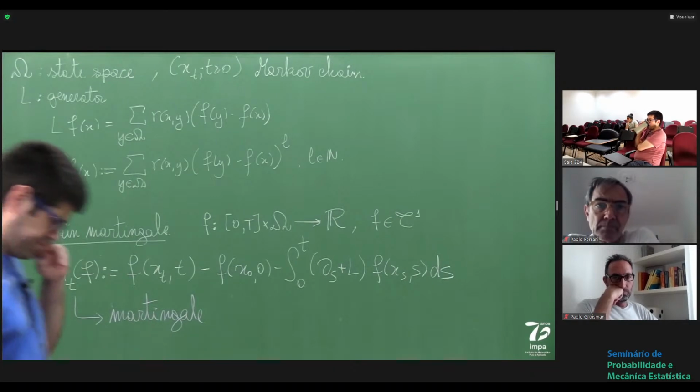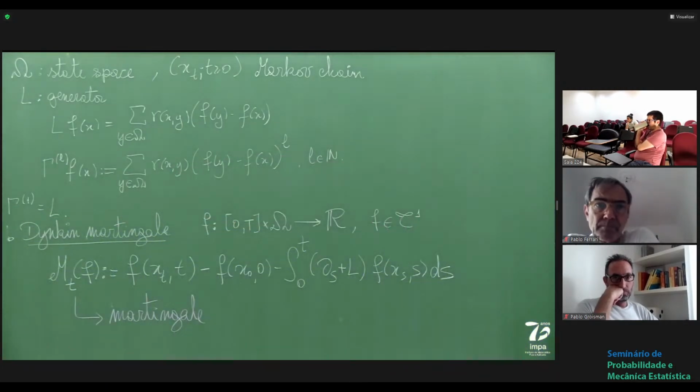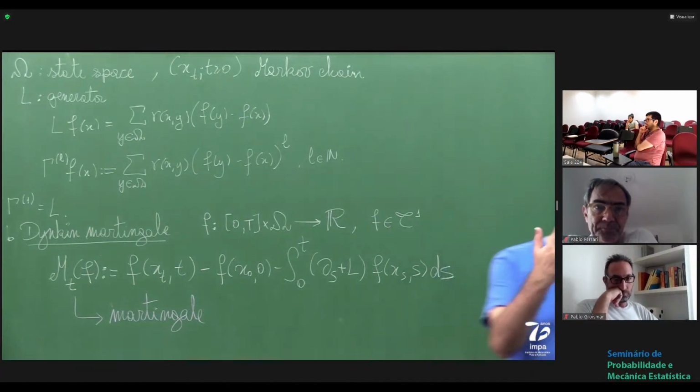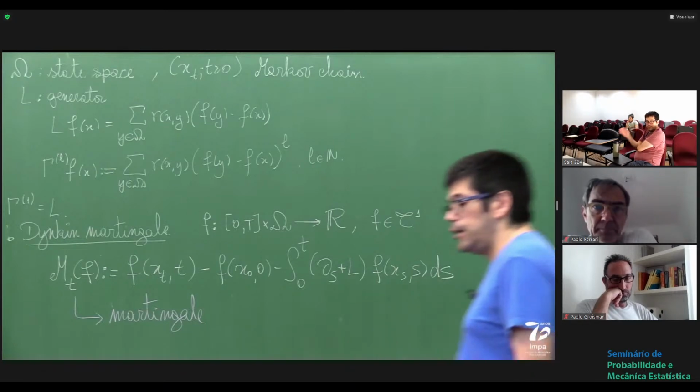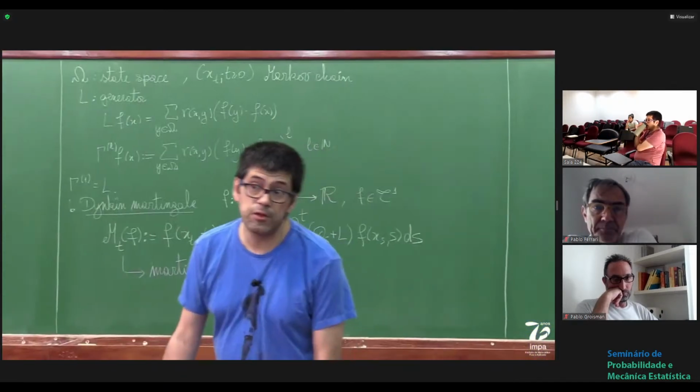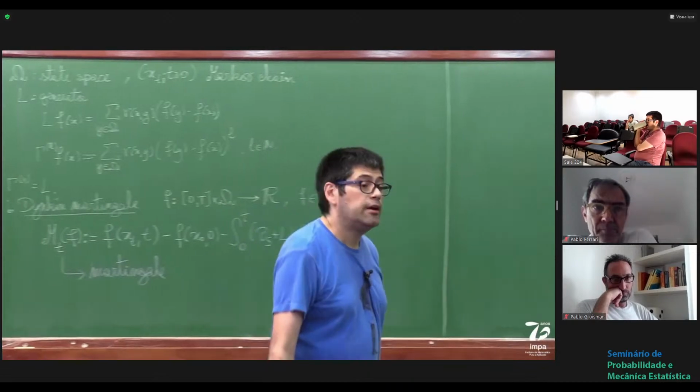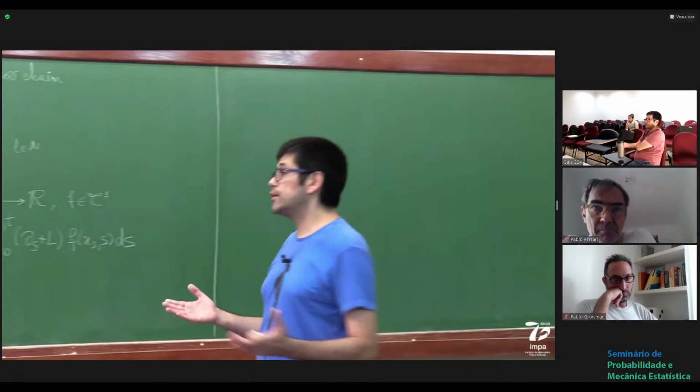Okay, and then in general, so this is a classical technique in Markov chain. So you have an observable of a Markov chain. So the observable is a function f, okay, of the Markov chain that goes to the real numbers, and you want to prove some limit theorem, like for example, some central limit theorem. You suspect that this function is going to be Gaussian in some limit.